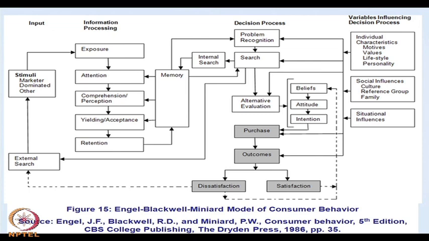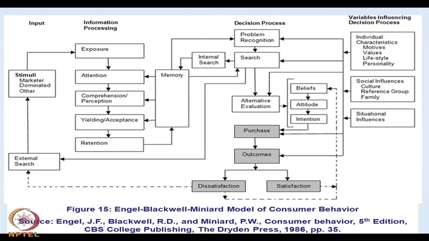Then we have the third constituent of the model, which is decision process, again similar to the EKB model, but here, instead of the simple 5-staged process, we break it into a little more, and depict it a little differently. Finally we speak about the variables influencing the decision making process.